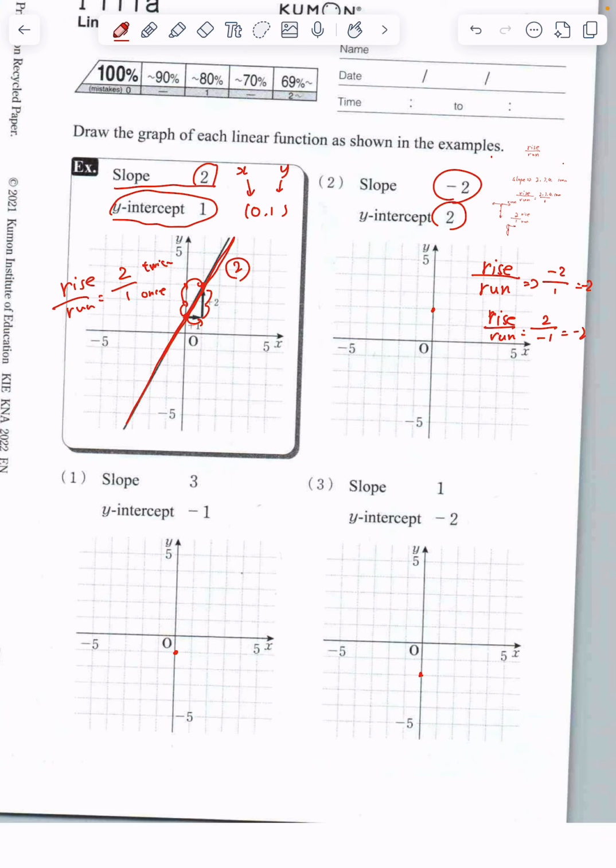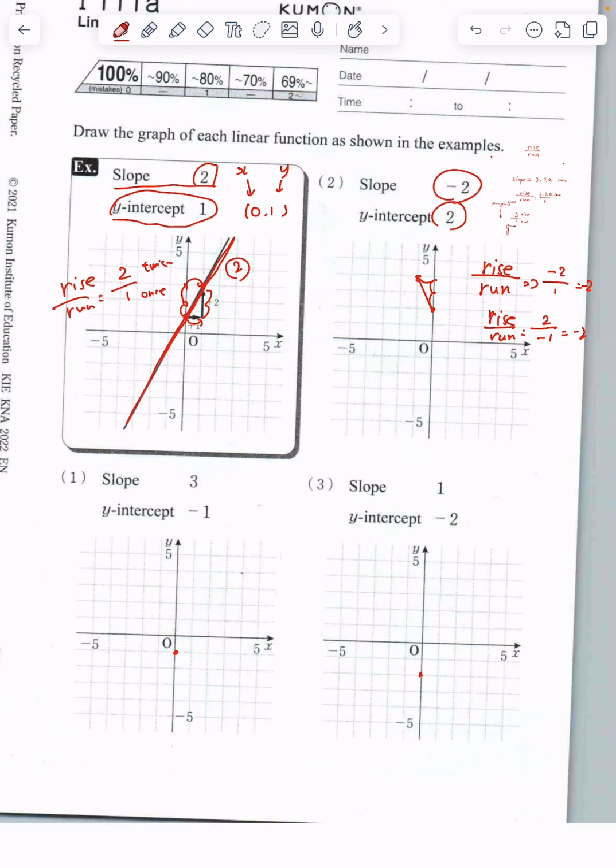Similarly, I can do 1, 2 for the rise, and I can do the run as -1. Oh, sorry, my bad, this is rise 2. So I can do 1, 2, and my run is -1 right now, which means I'm going left once. And then this is my new dot. Let's connect that together again.